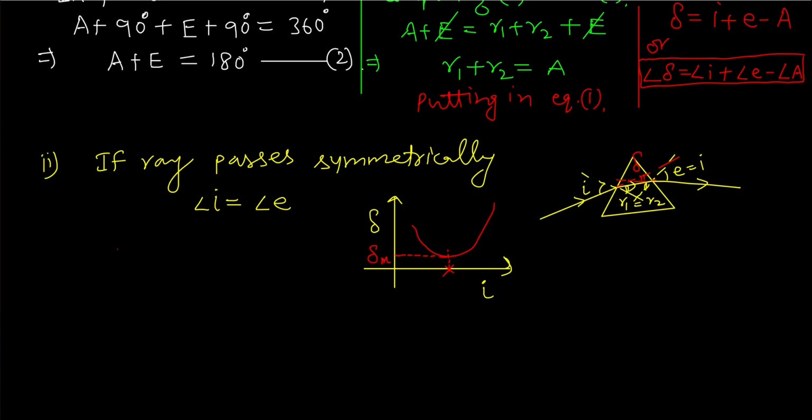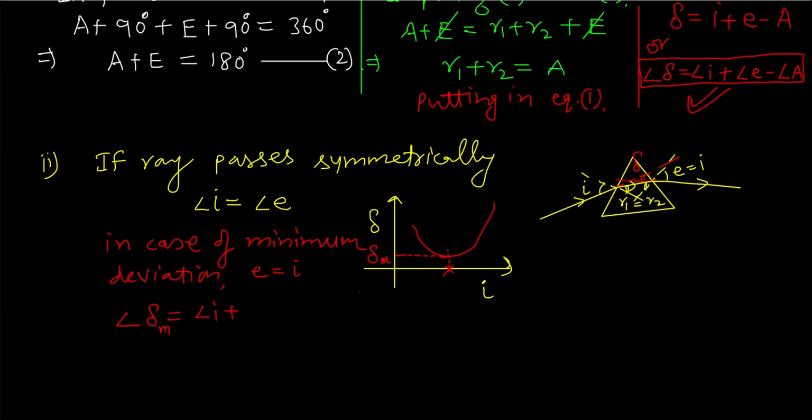So in case of minimum deviation, angle E must be equal to I, and this is also given in the question, that the ray is passing symmetrically. So if E is equal to I, then angle delta, which will be your minimum deviation angle delta m, is equal to angle I plus angle E minus angle A. We are putting values in the final expression we just got.